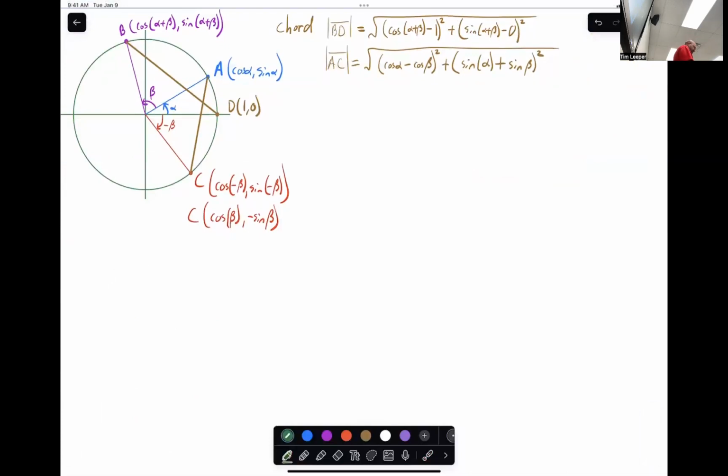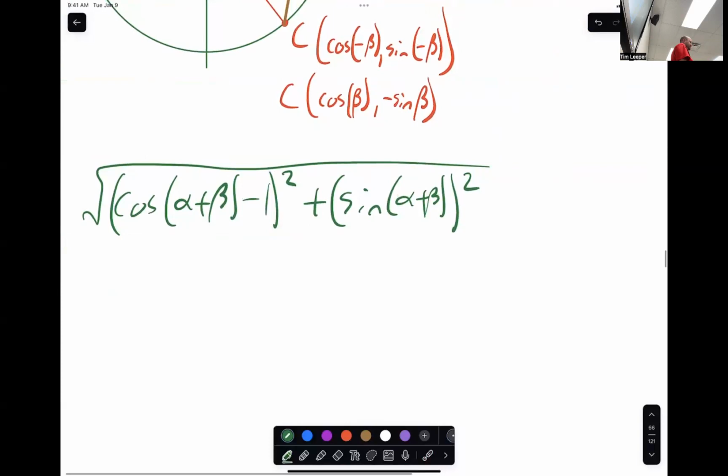So this is going to give me the big square root here: cosine of alpha plus beta minus 1, all squared, plus sine of alpha plus beta minus 0, which is just sine of alpha plus beta, all squared. So that's BD there. Again, all I'm doing is rewriting that, except without the minus 0. There's no reason for that.